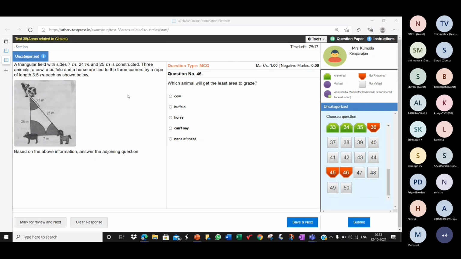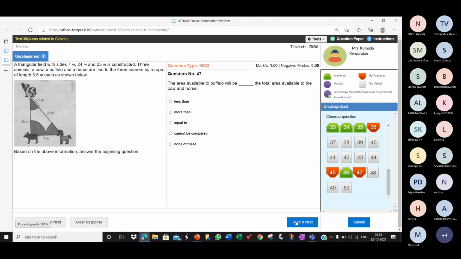So the area of the field the animals will get to graze depends on the angle of the sector. This angle A is the smallest, so the cow gets the least area to graze. Agree, all of you? Yes, ma'am.